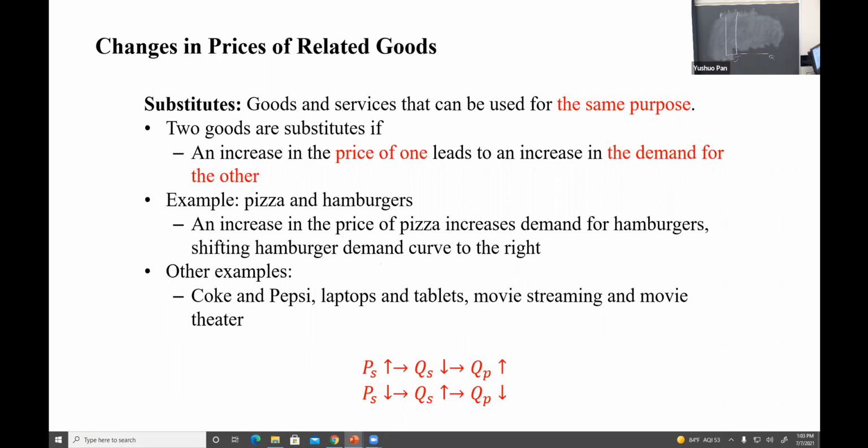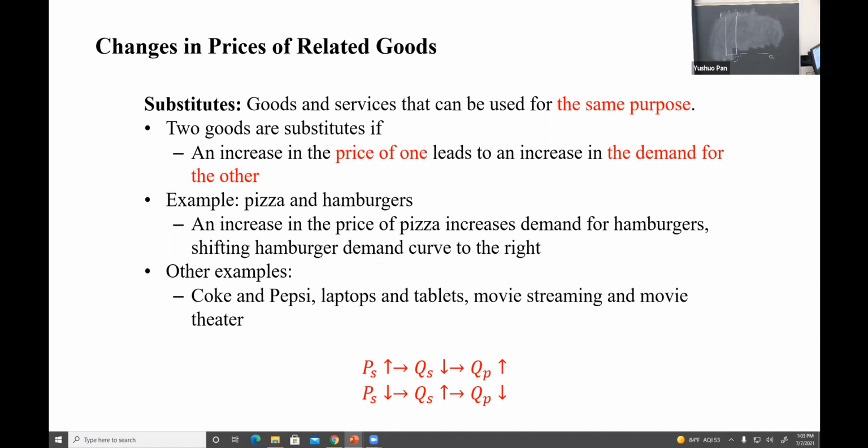Some examples like pizza and hamburgers, they are substitutes, right? If I want to fuel myself, I want to have something to eat, I can buy either one. If the price of pizza increases, then the quantity demanded for the pizza will decrease. Because my benefit, my utility doesn't change, but my cost increases. I'm going to buy fewer.